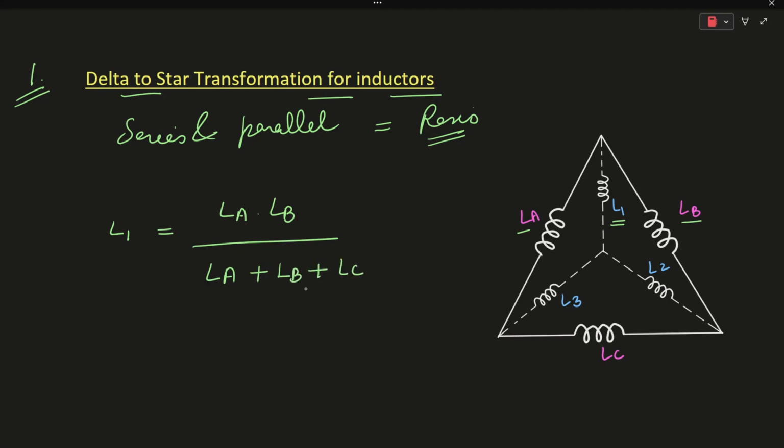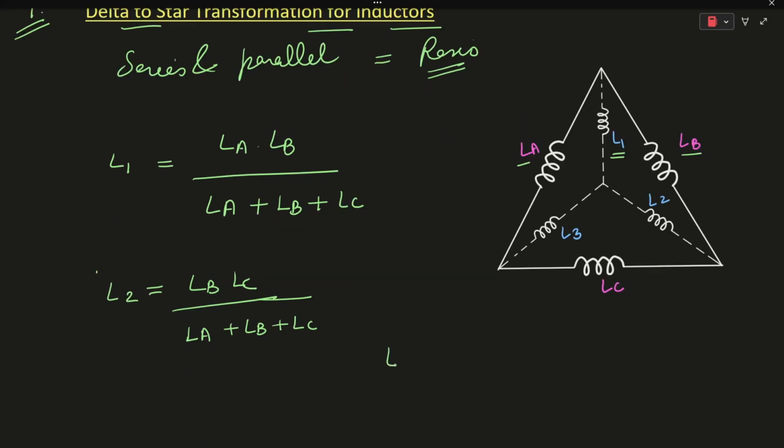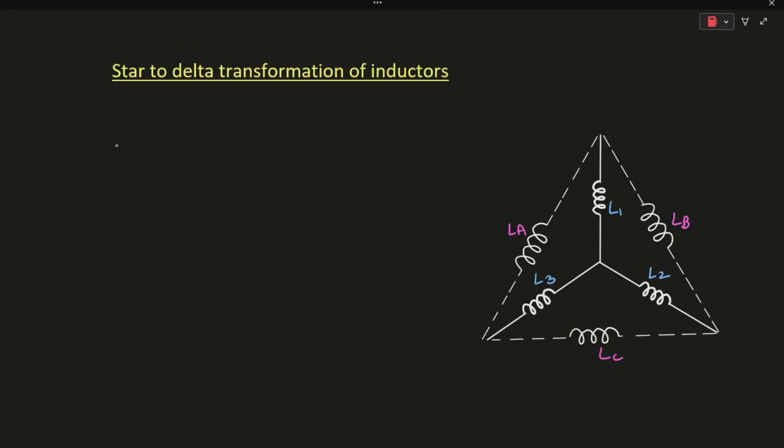Similarly, L2 will be equal to LB LC upon LA plus LB plus LC. And L3 will be equal to LA LC upon LA plus LB plus LC. So I hope it is clear.